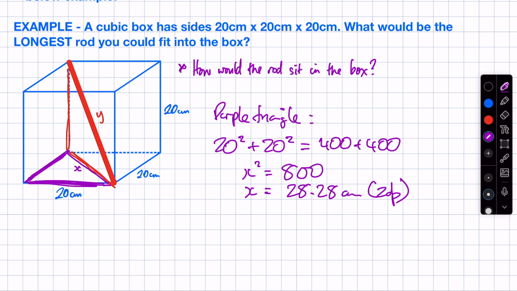We just used Pythagoras to work out that X is 28.28 centimeters. I'll stop to give you time to get that down. While you're writing, we've already shown X is not the longest rod. It's longer, but it's not the longest.